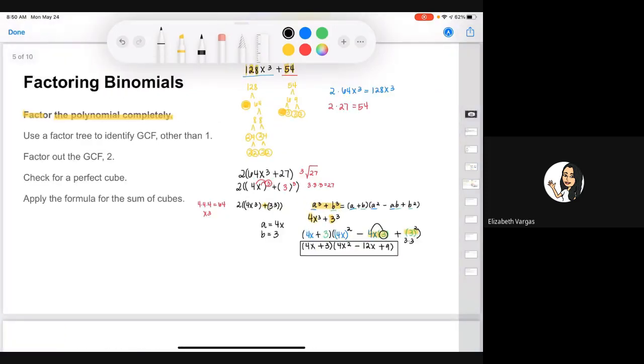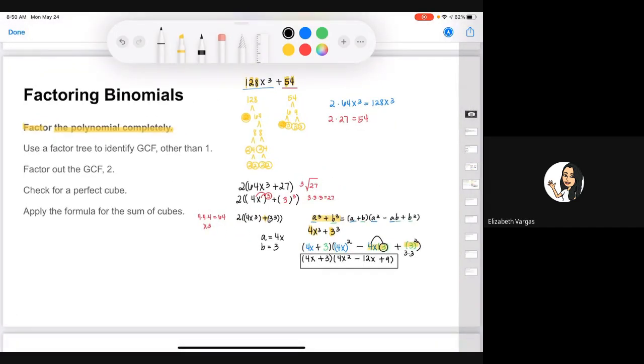Okay, and so what you see here is when we were solving this polynomial, we conducted one type of factoring of polynomials, another type of factoring of polynomials, and then lastly, another type of factoring polynomials. So basically, we're putting together all these different ways of factoring polynomials to get that polynomial in the very simplest form.